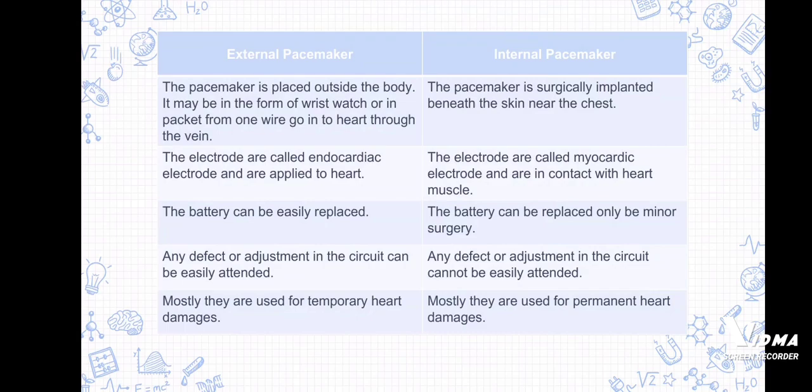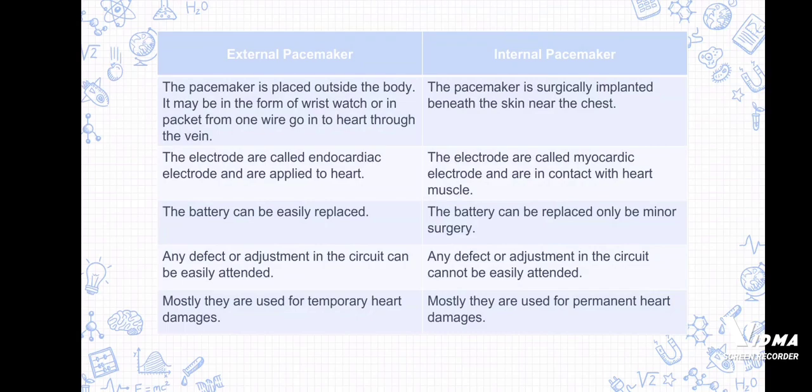The electrodes used in the internal pacemaker are known as myocardial electrodes, while those in the external pacemaker are known as endocardial electrodes. In the external pacemaker the batteries can be replaced easily, while the internal pacemaker generally needs a minor surgery for the battery to be replaced.